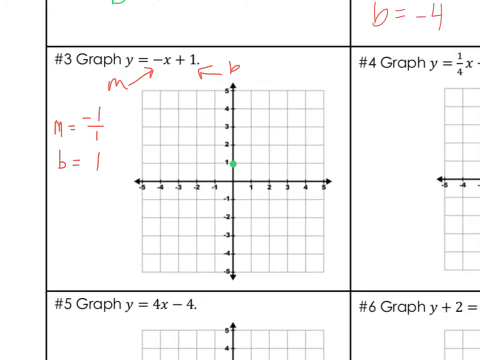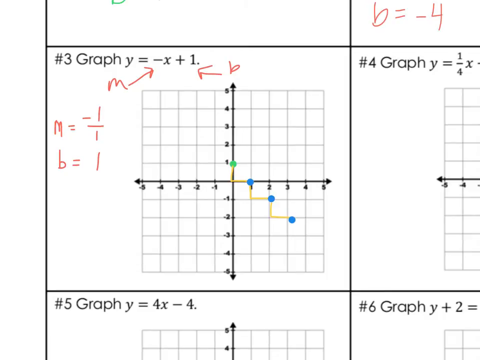From that point, now we're going to rise and run. Our slope is -1, so we're going to drop 1 and run forward 1 and put a new point. Let's do it again. We want a lot of points, so it makes it easy to make a nice line. Drop 1, run 1. Do it again. Drop 1, run 1.